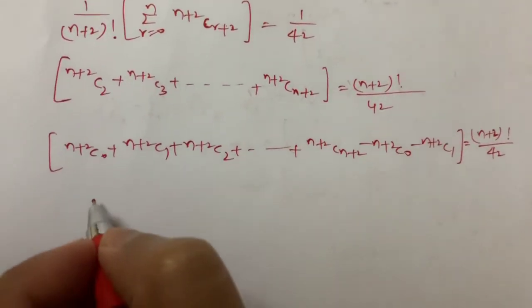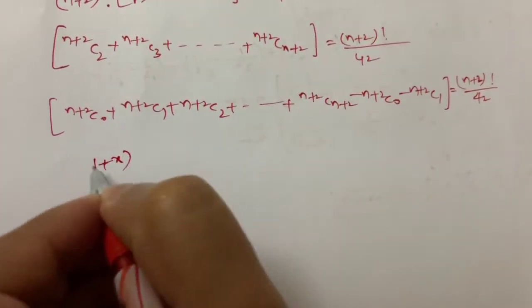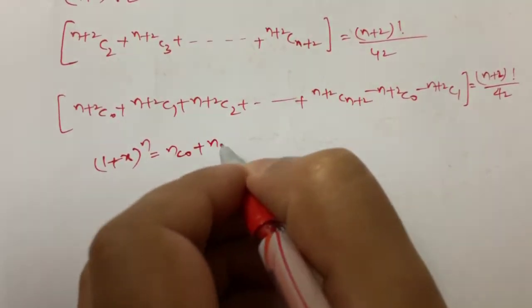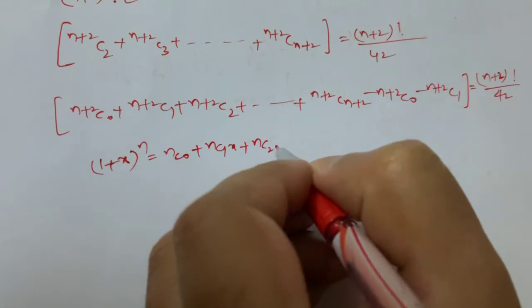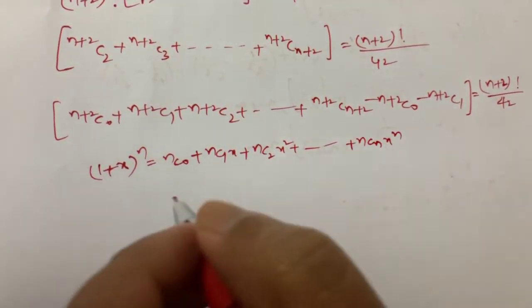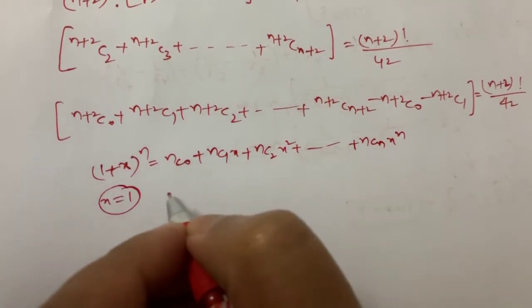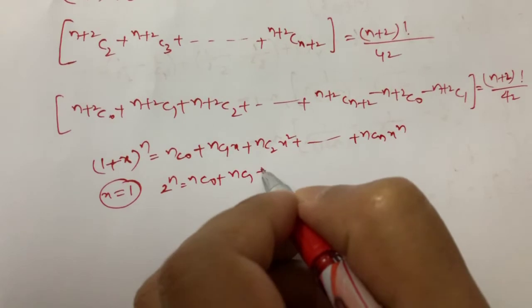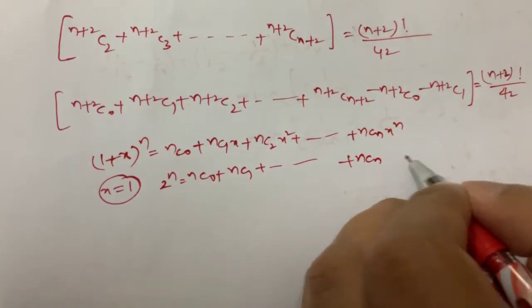So let's say I will consider (1 plus x) whole power n. So this is nc0 plus nc1 x plus nc2 x square, and so on, ncn x power n. If I put x equal to 1, it will be 2 power n is equal to nc0 plus nc1, and so on to ncn. So here we have n plus 2 c n plus 2.